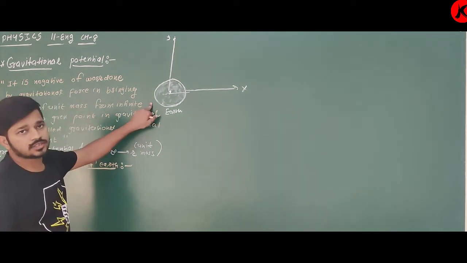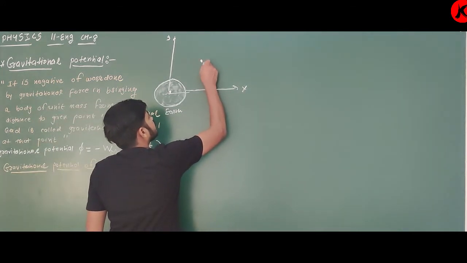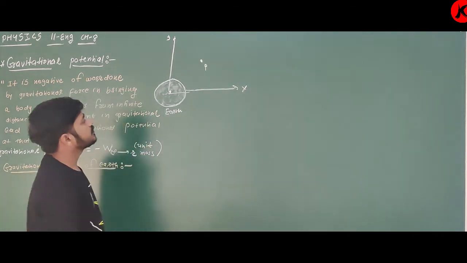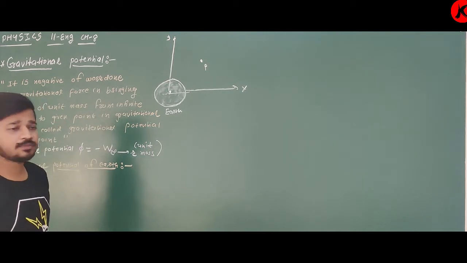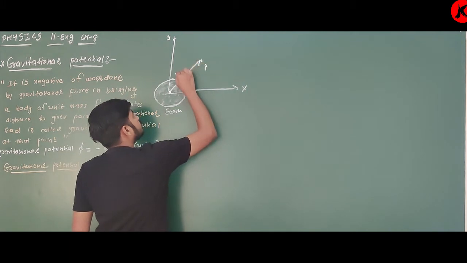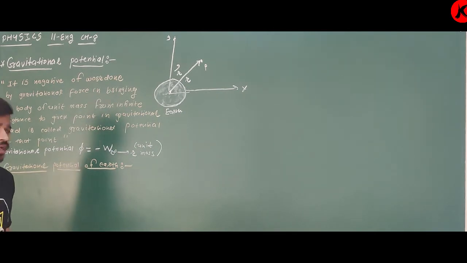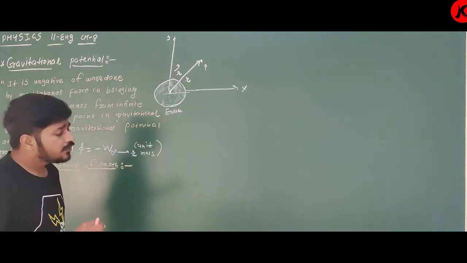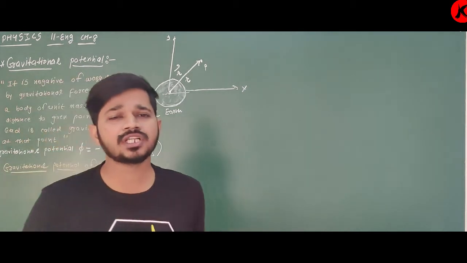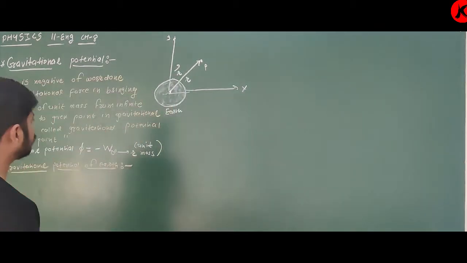Now, due to Earth, let us find the gravitational potential at point P, having position vector r and distance r. We have to find gravitational potential at point P at a distance r, having position vector r, due to Earth.